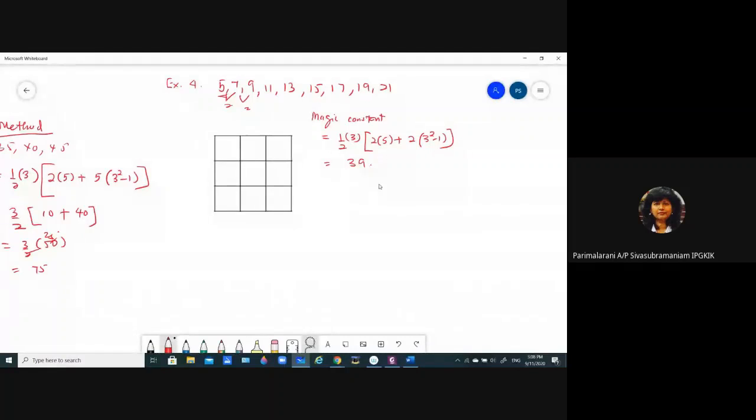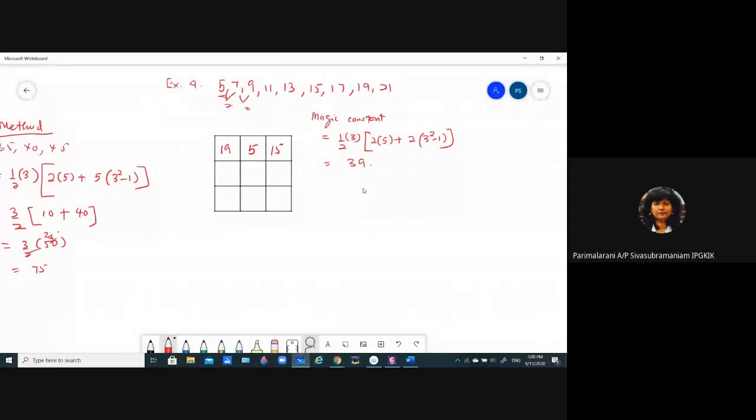Has anyone done it? Okay, tell me, what is the first number in the first box? 19. Second box, 5. Then 15. Here, 9.